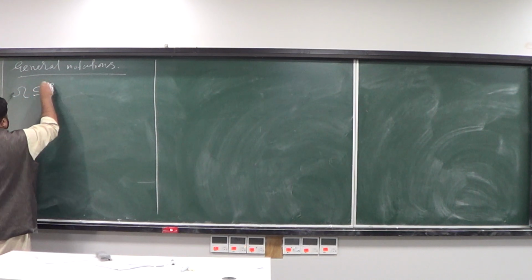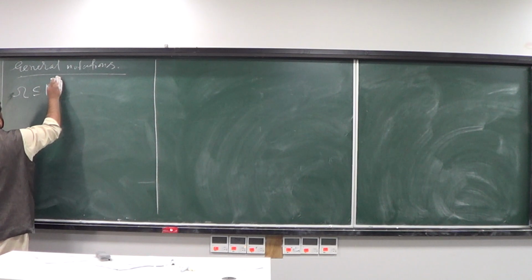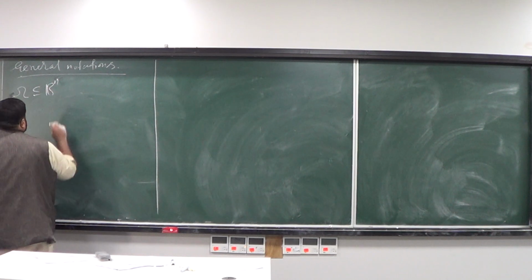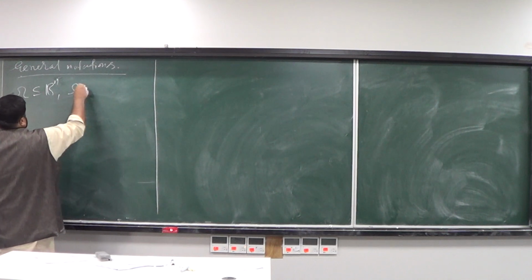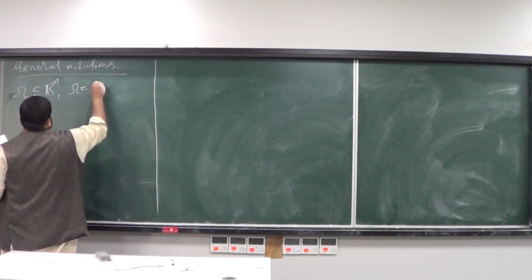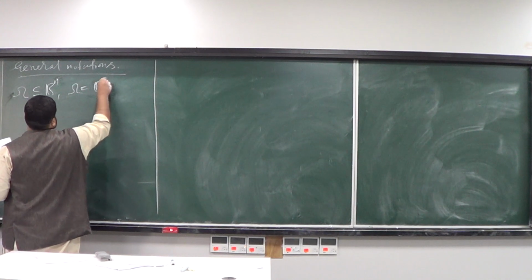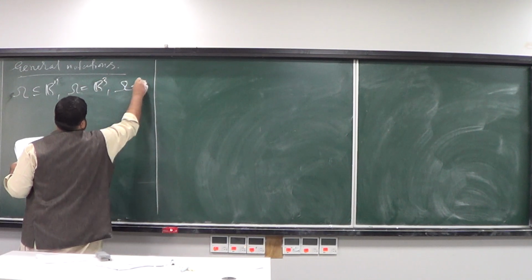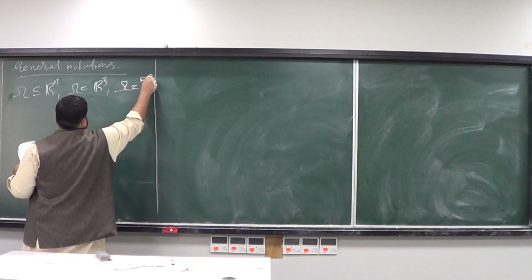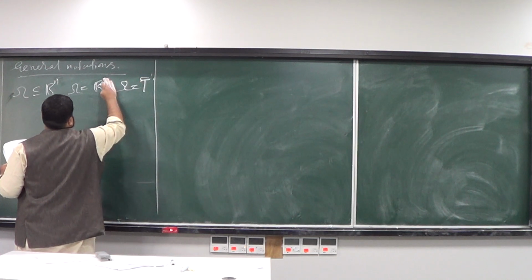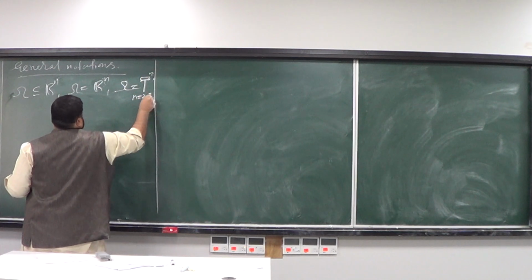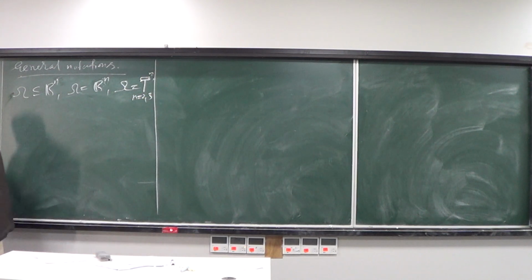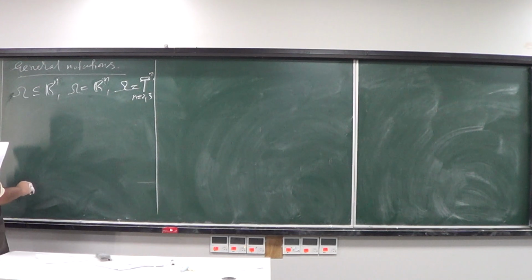In other words, when omega in Rn, where n is 2 or 3, is bounded, or omega is R3, the full space, or the torus Tn, where n can be 2 or 3. So this notation is going to be generic.